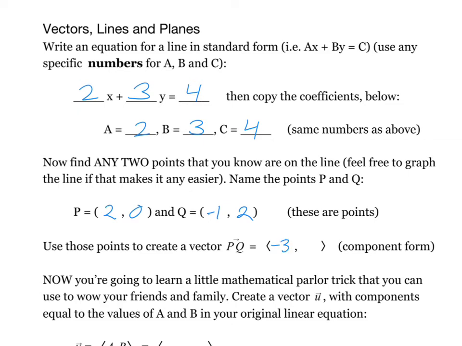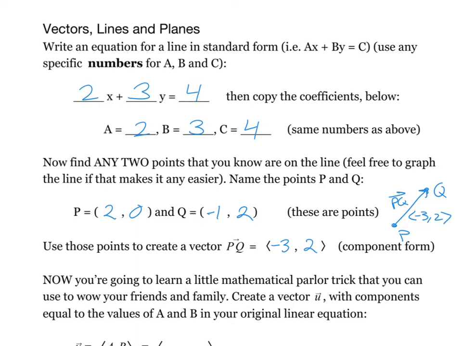And if I subtract 0, which is the y-coordinate for P, from 2, the y-coordinate for Q, I'm going to get 2. So a vector, I'll sketch it over here, that connects P to Q, that would be vector PQ, has the components -3, 2.